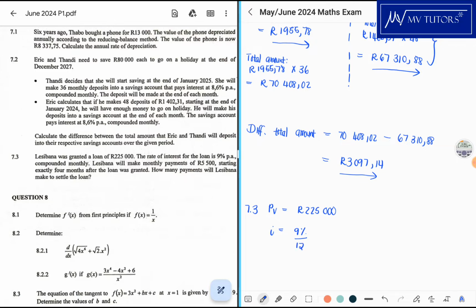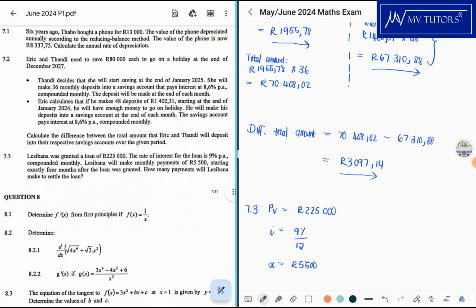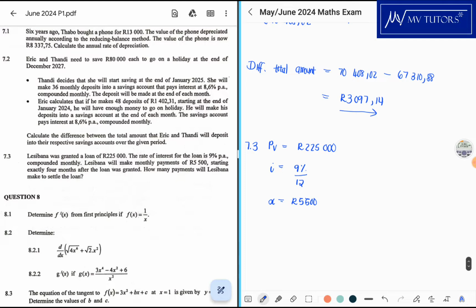Lesibana will make monthly payments of 5,500 starting exactly 4 months after the loan was granted. So there's a period in which he is not making any contribution towards the loan.